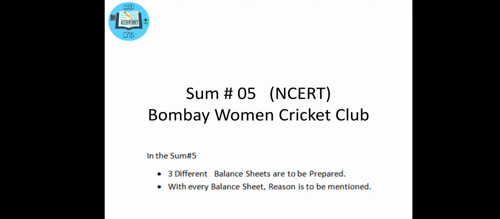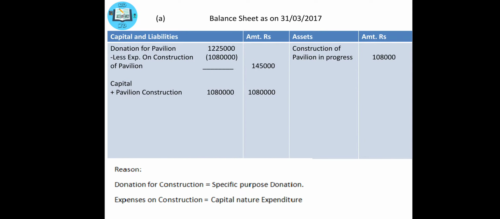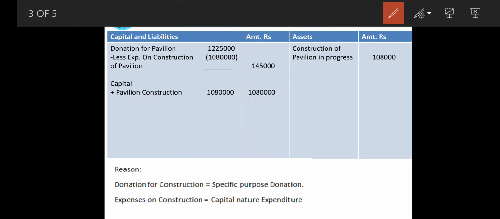So donation received during the year for construction of pavilion, right? So in this the balance sheet is to be drawn, and in that, donation for pavilion: a specific donation is given for pavilion, so we have to transfer that to the balance sheet liability side. Donation for pavilion, 12,25,000.